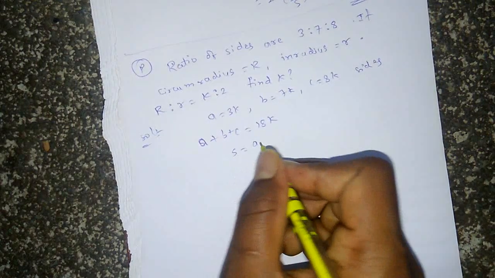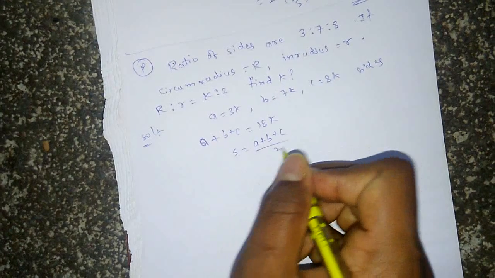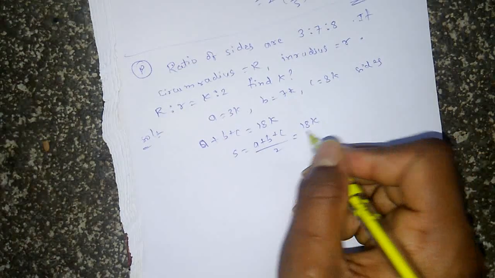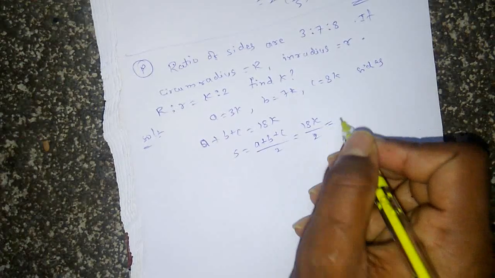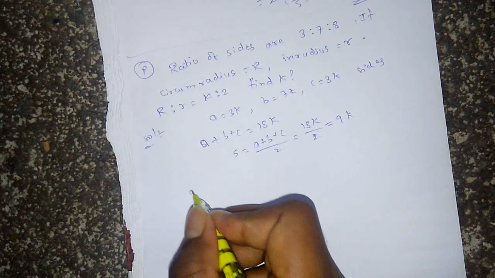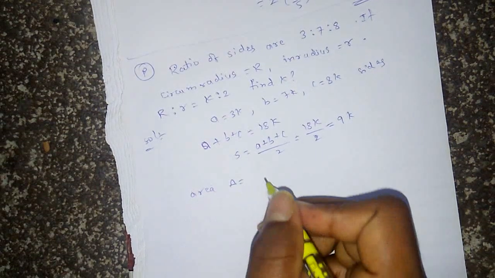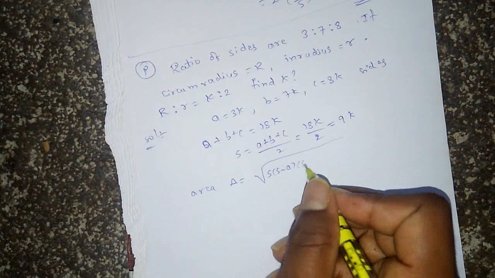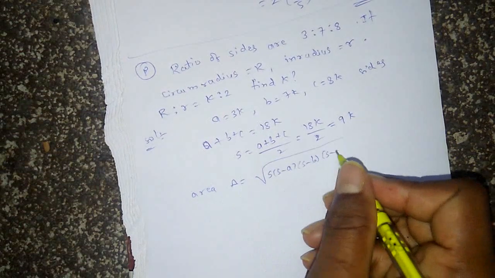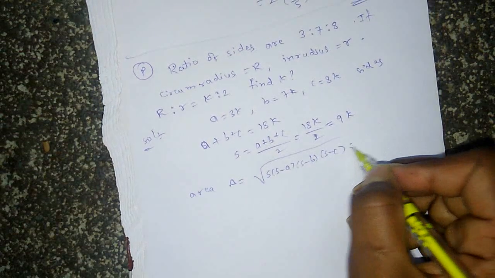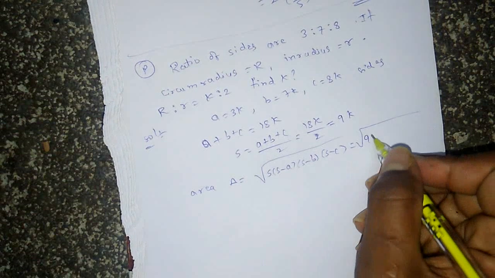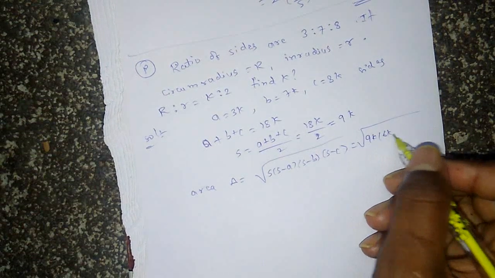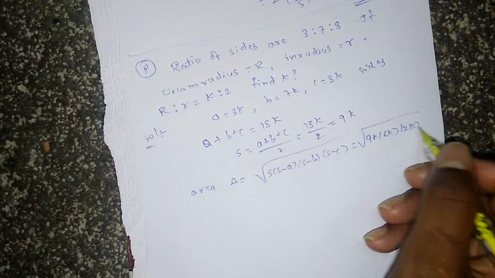s = (a + b + c)/2, that is 18k/2, which is 9k. Next, area = √(s(s − a)(s − b)(s − c)). That is 9k × (9 − 3)k = 6k, (9 − 7)k = 2k, (9 − 8)k = k.